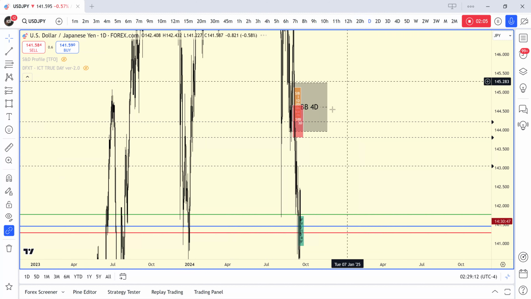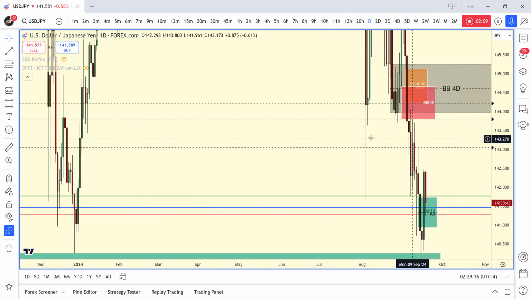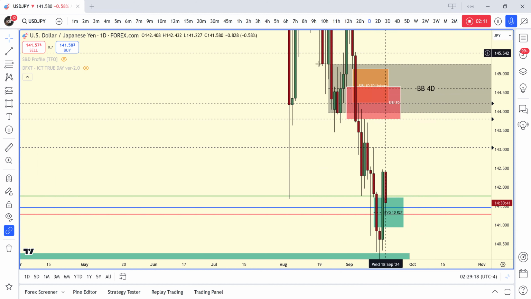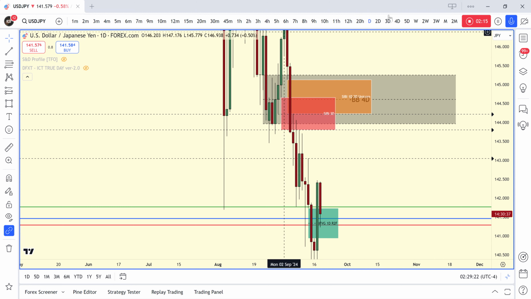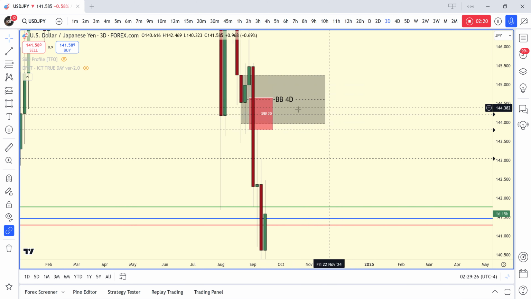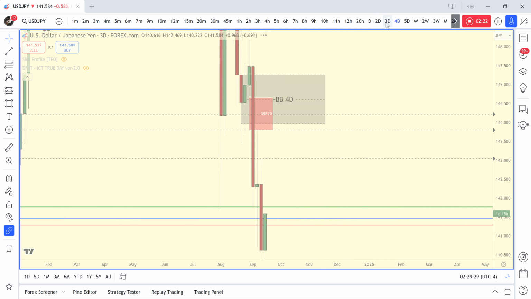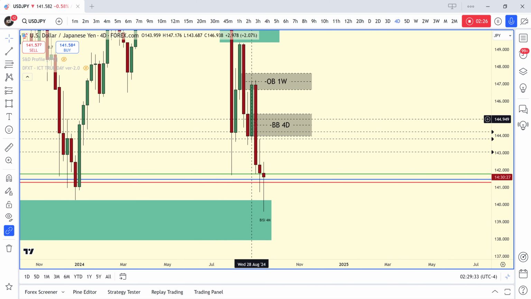We'll go to the daily. Okay, on the daily, there's this gap here, and there's a 3-day gap on this time frame as well, on the 3-day time frame, and on the 4-day, it's just this isolated order block, but I'm just isolating this breaker down here.